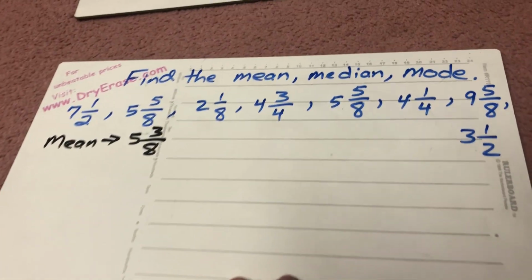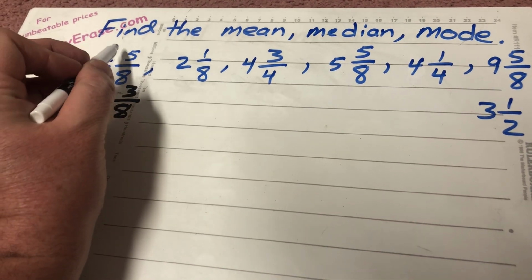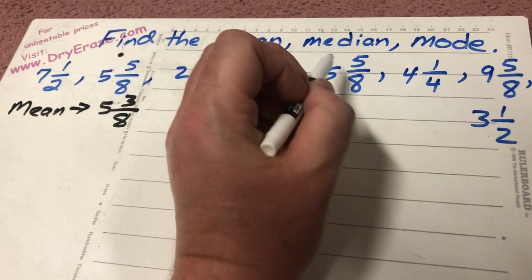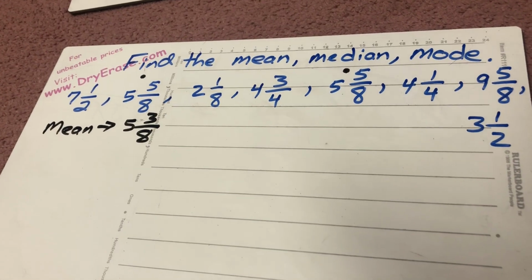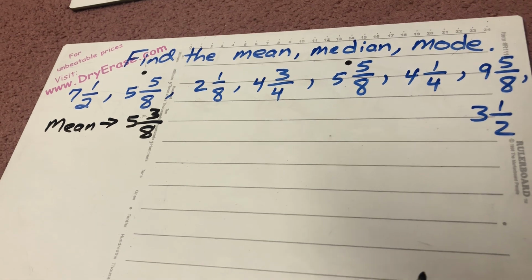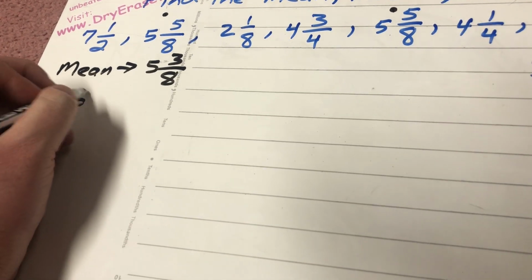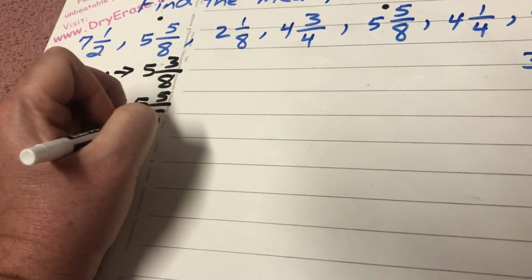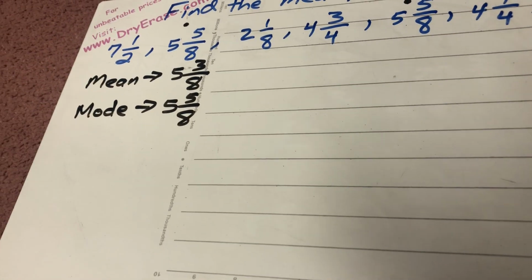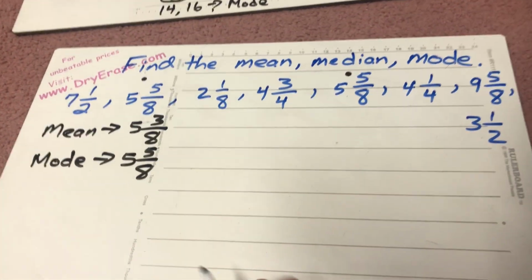When I'm looking at my numbers correctly, it looks like the only number that occurs twice is 5 and 5/8. It doesn't look like any other number repeats. So the mode would be 5 and 5/8.